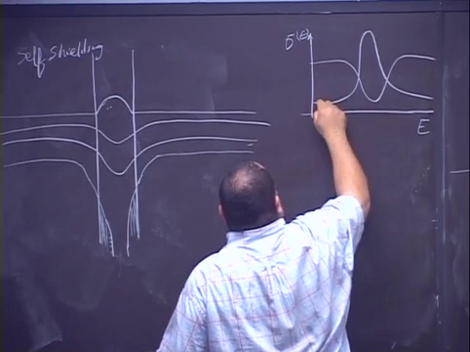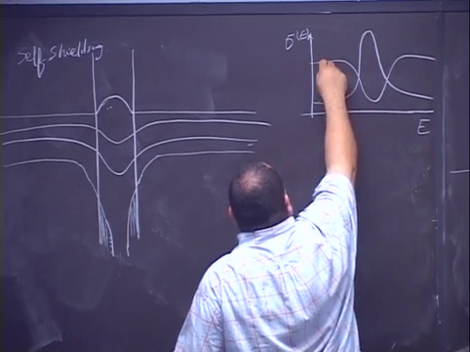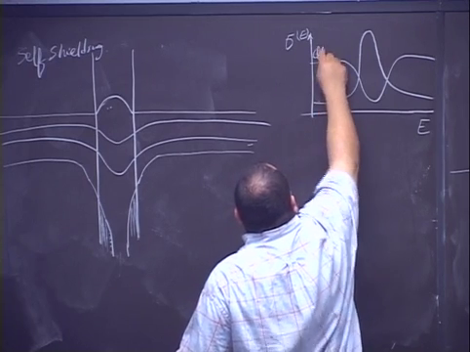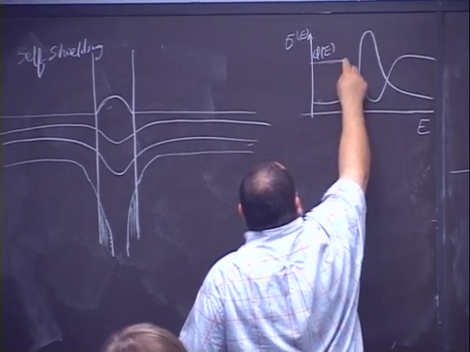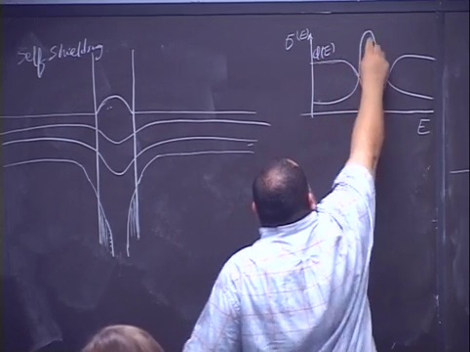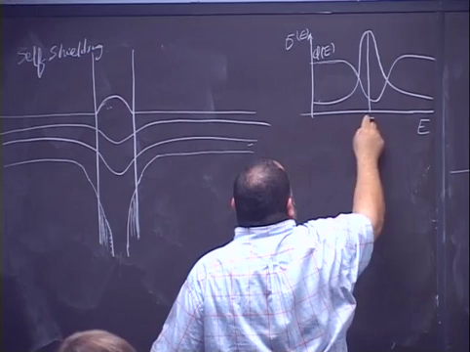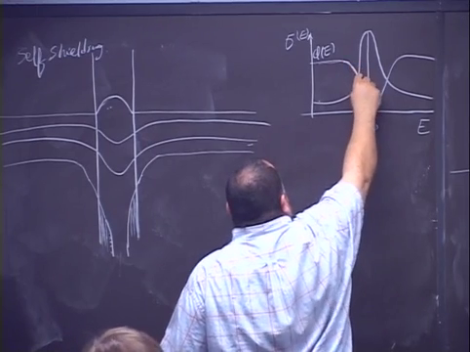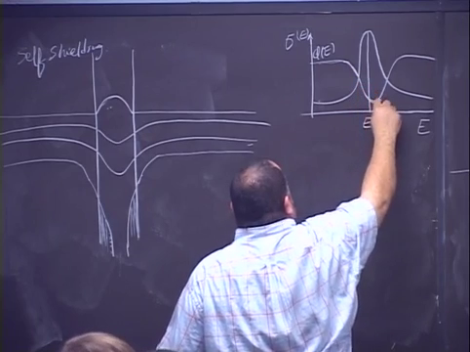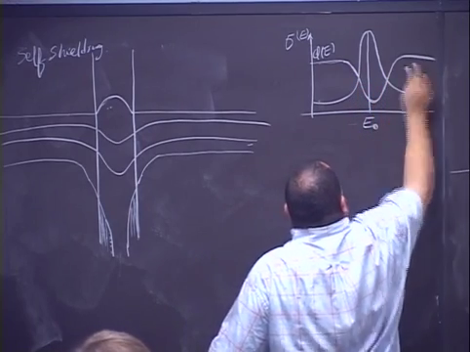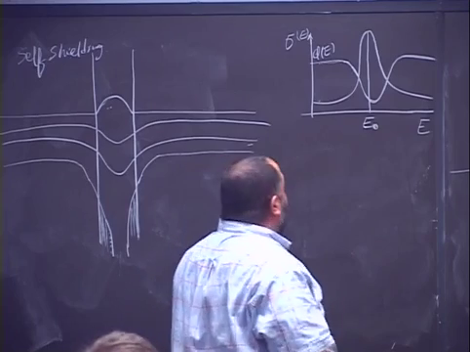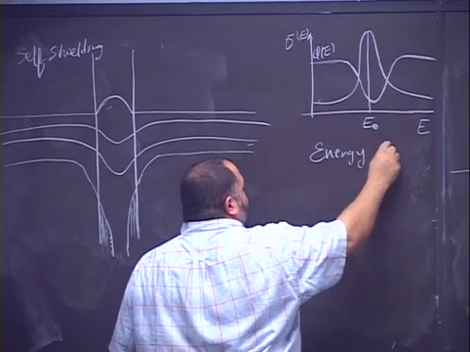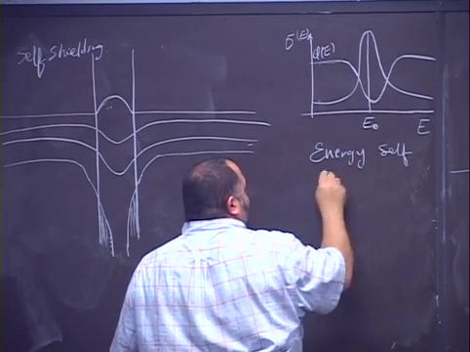Because at low cross-section, the absorption is smaller, so the flux has a higher value. But once you move towards the energy of the resonance, the absorption is higher, so the flux gets lower and lower, and this is the shape of the flux. This is called energy self-shielding.